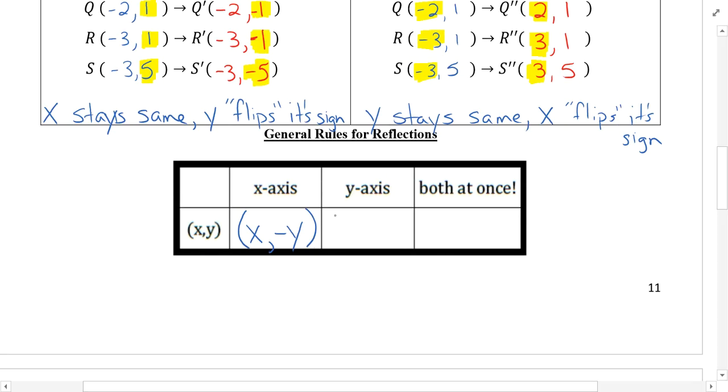If I reflect it over the y-axis, the x is going to flip to the opposite and the y is going to stay the same. And if we do both, so if we reflect over the x and then over the y, or we reflect over the y and then over the x, then both values flip to the opposites.